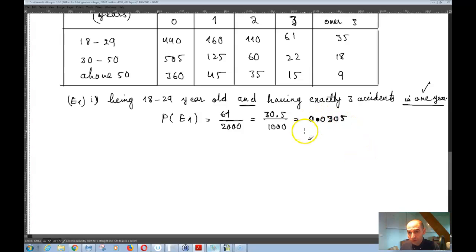That's approximately 0.031, right? So this answer is correct. The total number of drivers who are 18 to 29 years old and have exactly 3 accidents in 1 year is 61, and the total number of drivers is 2000.